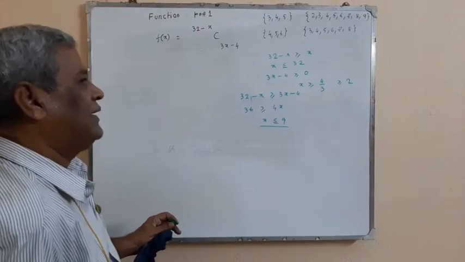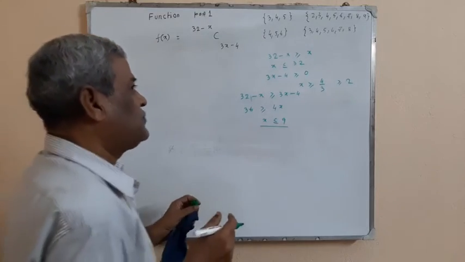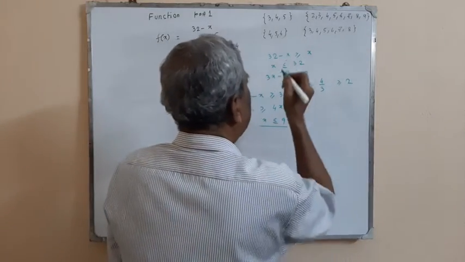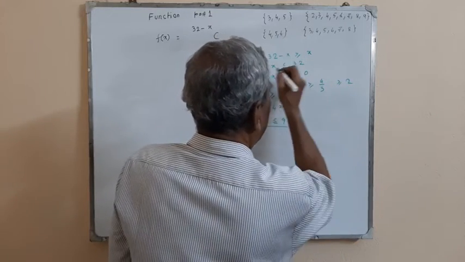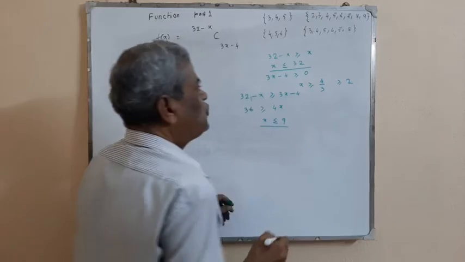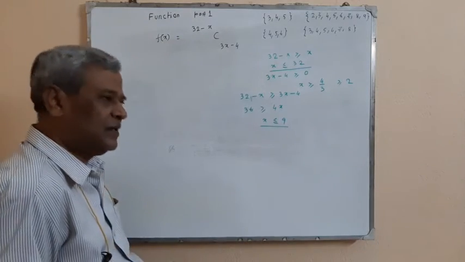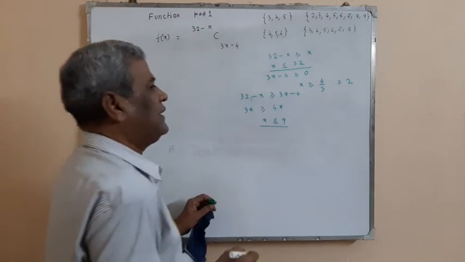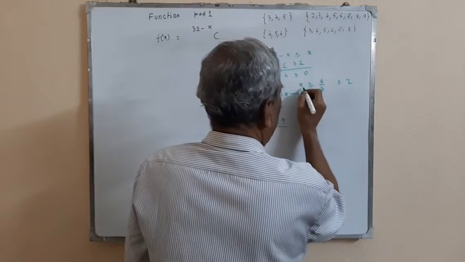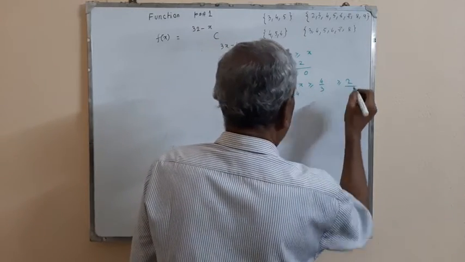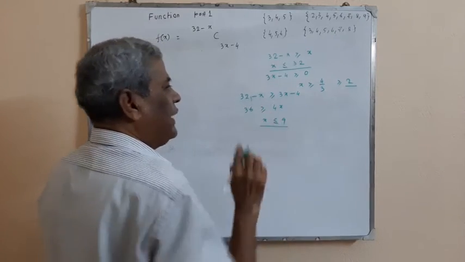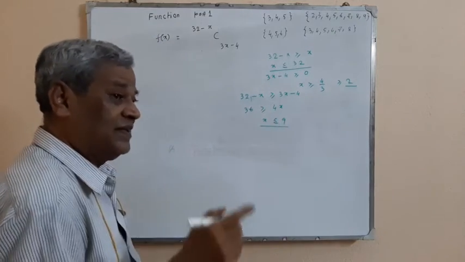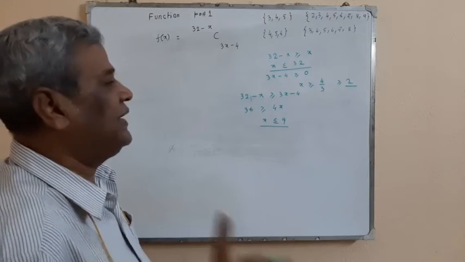Now we have to combine all these things. Number one, x should be less than or equal to 32. Number two, x should be greater than or equal to 2. And number three, x is less than or equal to 9. And x must be an integer.